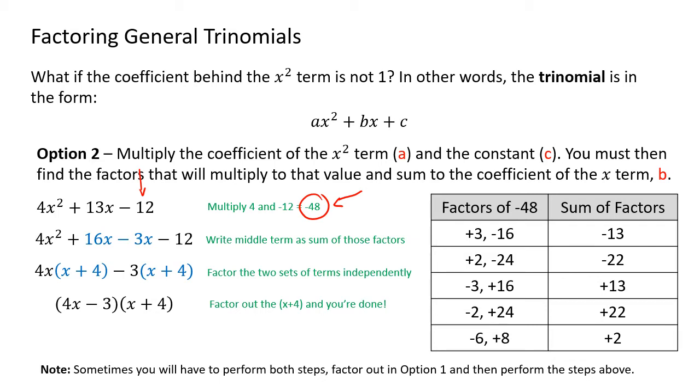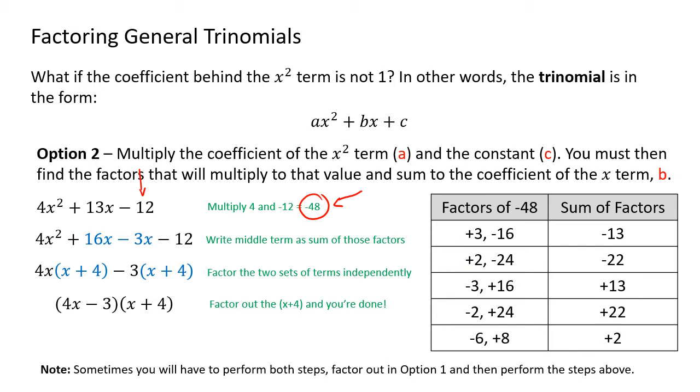In this case, we have multiple different types of factors, but the one that stands out is 16 times negative 3 is negative 48, and it adds to positive 13. So we know that those are the two factors.